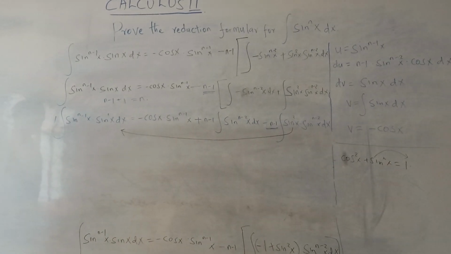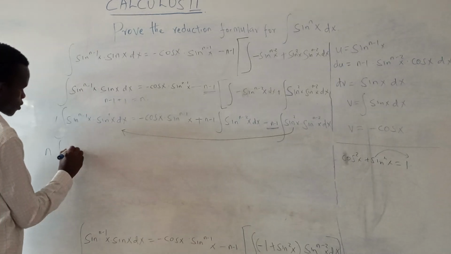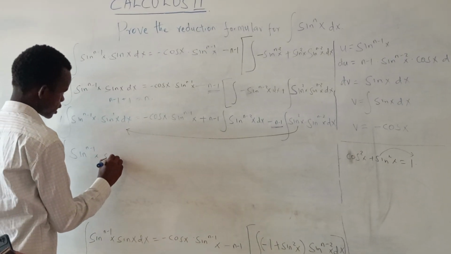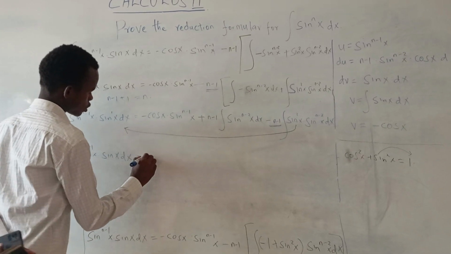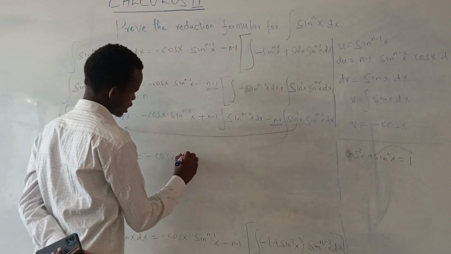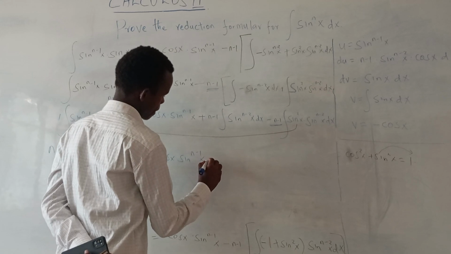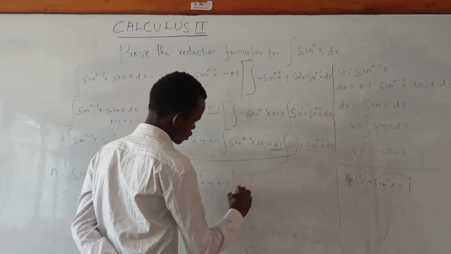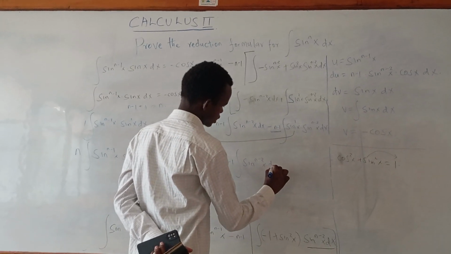So we get n multiplied by the integral of sin^(n-1)(x) multiplied by sin(x) dx equals negative cos(x) multiplied by sin^(n-1)(x) plus (n-1) times the integral of sin^(n-2)(x) dx.